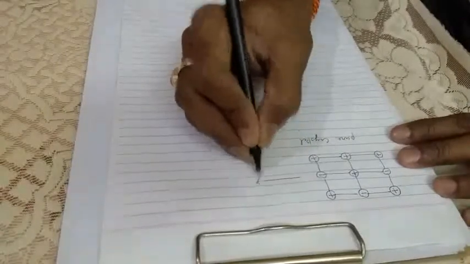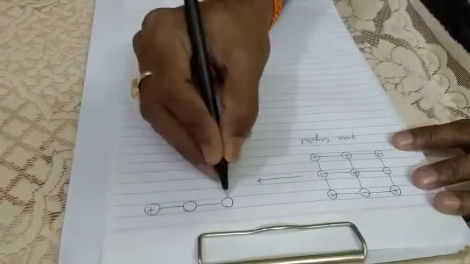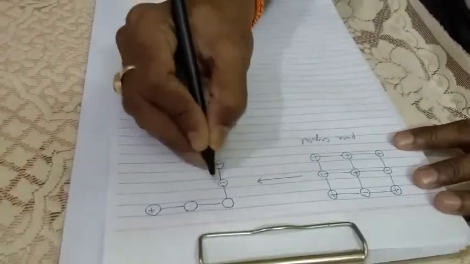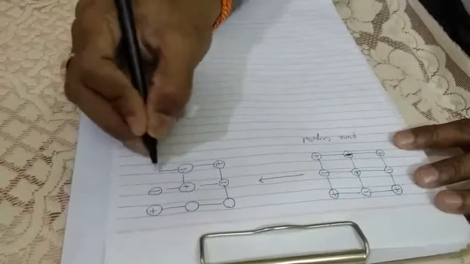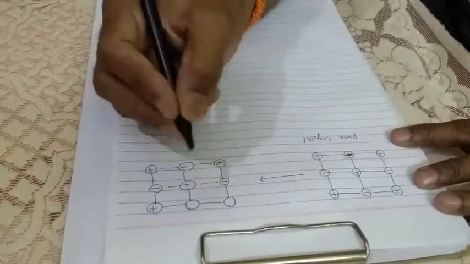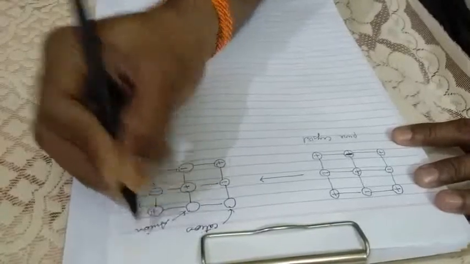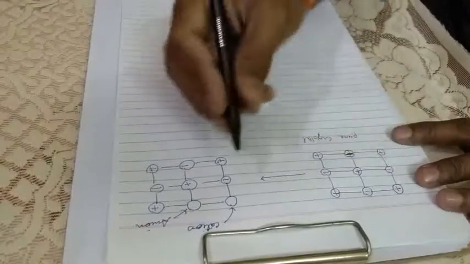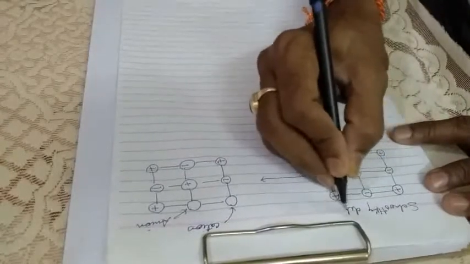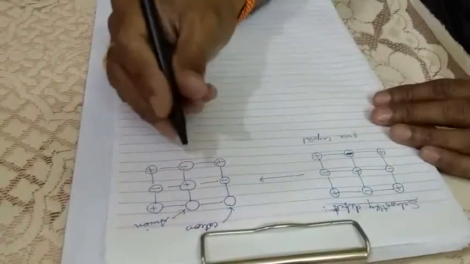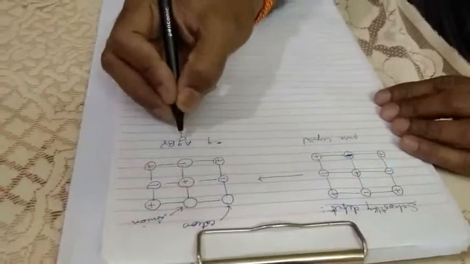When a defect arises from this crystal, there is a formation where one cation and one anion are missing from the crystal side. That is said to be Schottky defect. So here one cation and one anion are missing from the crystal side. An example is AgBr.